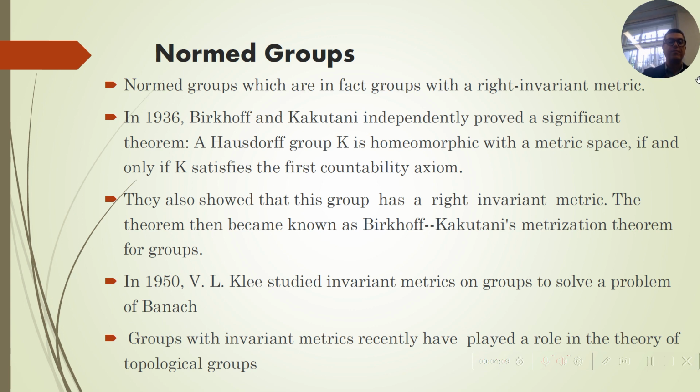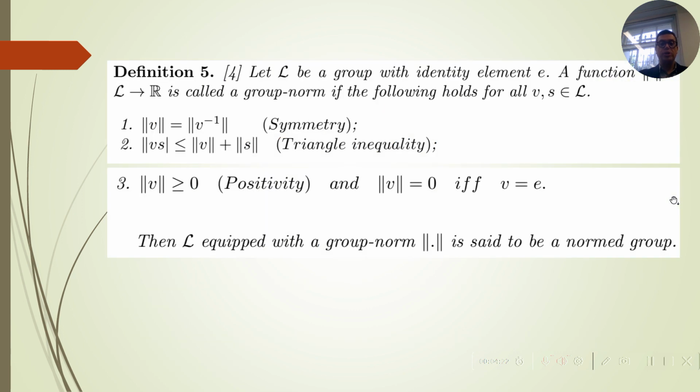Then in 1950, Klee studied invariant metrics of groups to solve a problem of Banach. Groups with invariant metrics have recently played a role in the theory of topological groups. Let's continue by introducing the definition of norm groups.